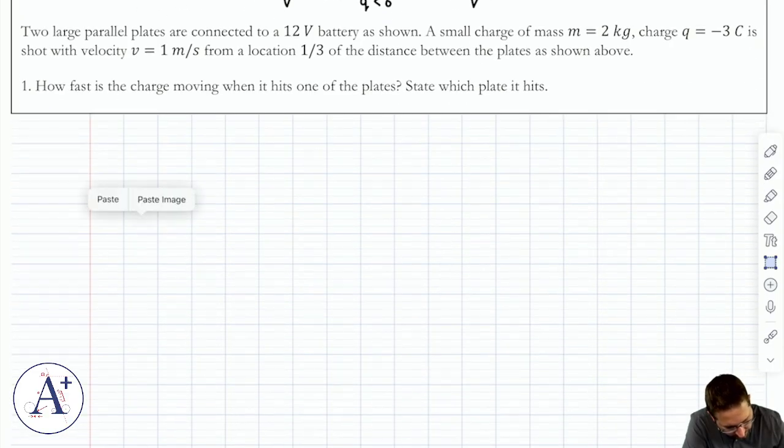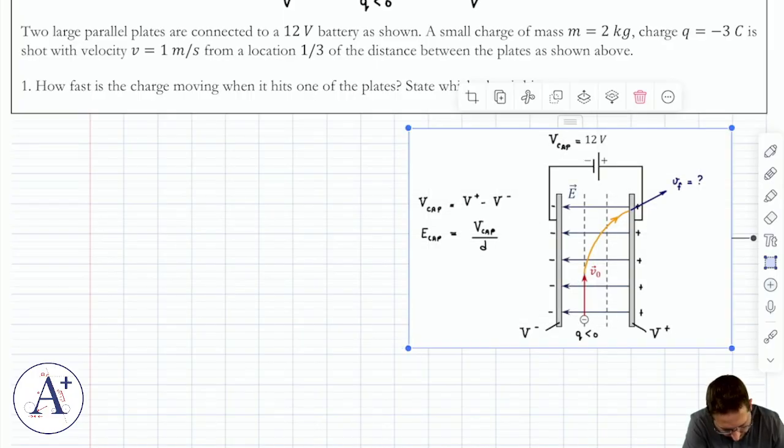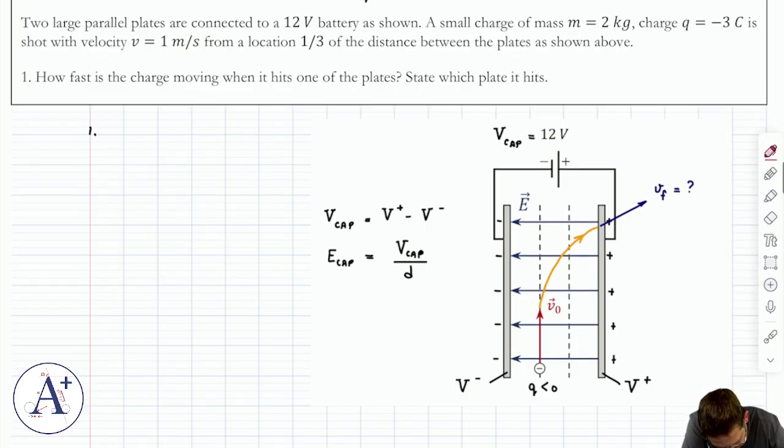And I'm going to bring it down here. Okay. And then we're going to have the following notation. We're going to say that here, the electric potential is V0.